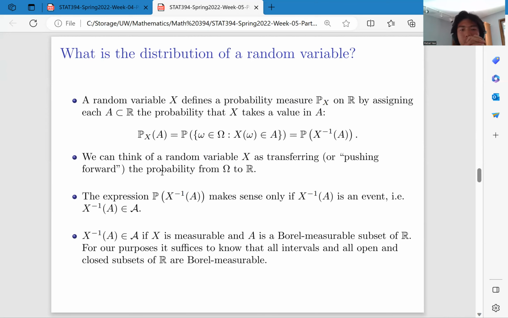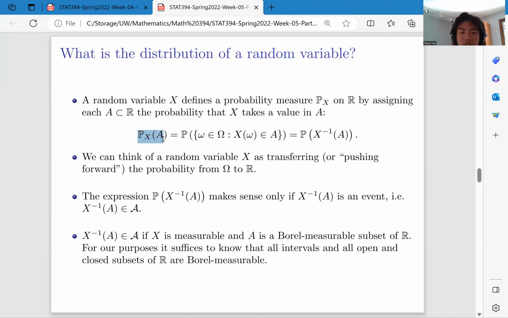A random variable X defines a probability measure P_X. Usually we denote the X at the bottom right of the probability. On the real numbers, it is defined by assigning each A in R the probability that X takes a value in A. P_X(A), this notation you will see very frequently in later courses, and it's the core of probability theory.